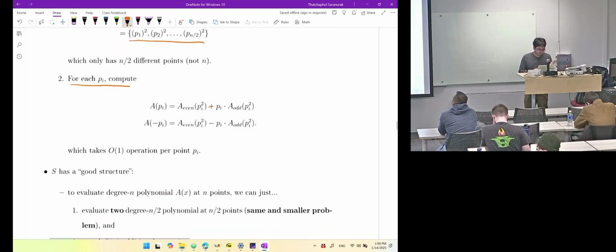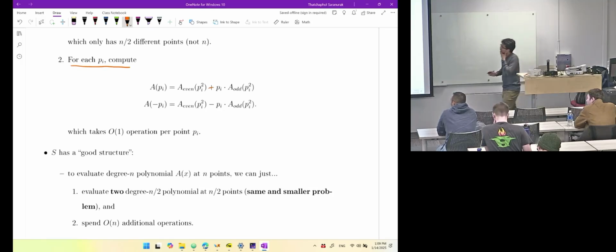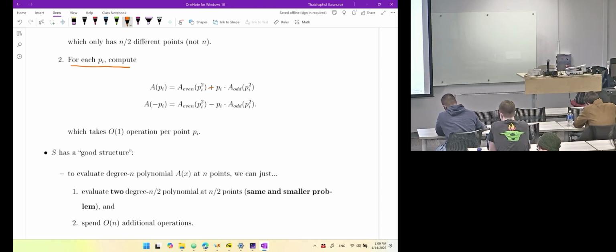In what sense? In the sense that if I want to evaluate A at n points, now I just need to evaluate two polynomials, A even and A odd, which have half the degree. At how many points? n over 2 points. It's n over 2 points because the pair of negations, when you square, they go to the same number.